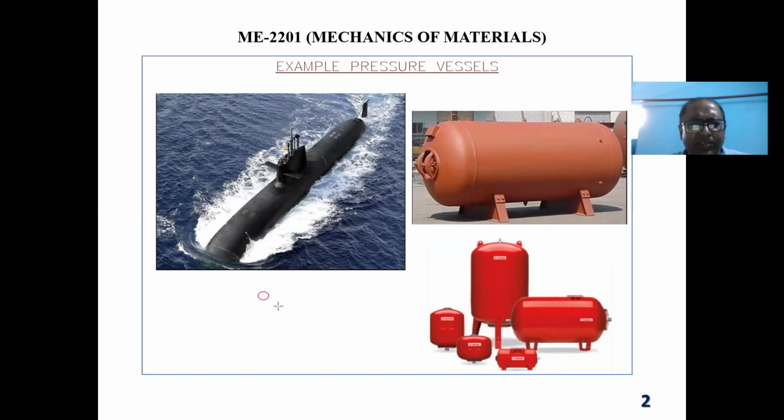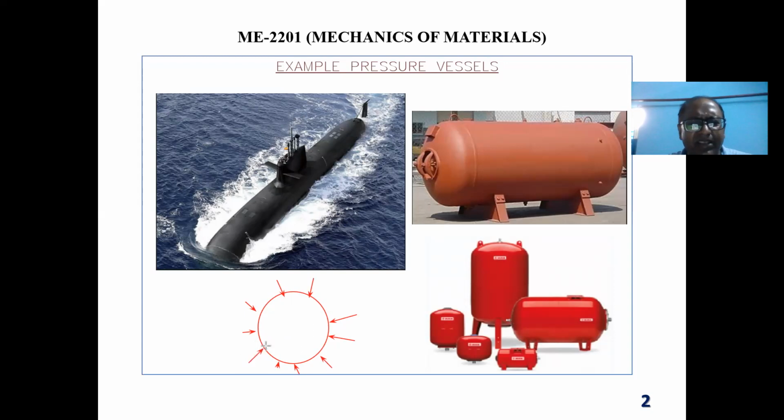If I take a cross section like that, all the surrounding experiences fluid pressure, right? And it will be more at the bottom because the depth is more from the top surface.